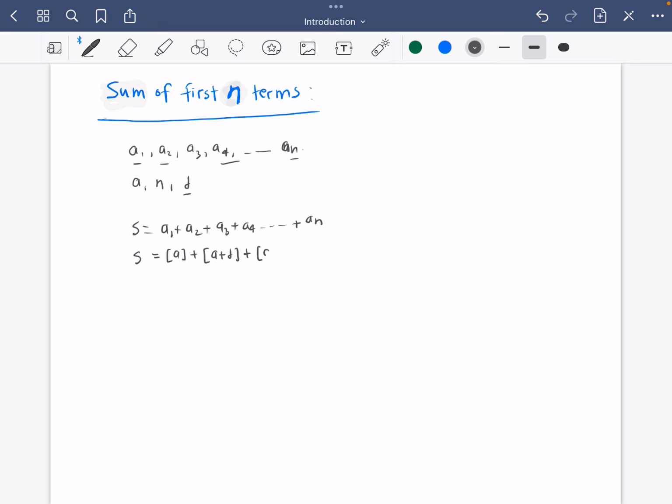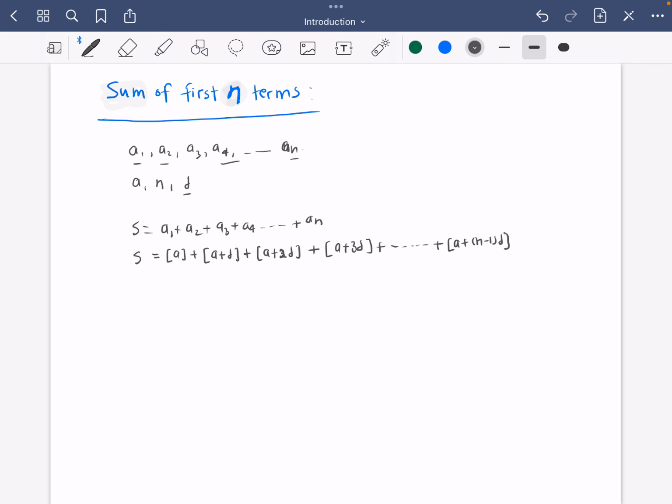The third term is going to be a plus 2d, plus the fourth term is going to be a plus 3d, plus and so on until you get the nth term. It is going to be a plus n minus 1 times d.